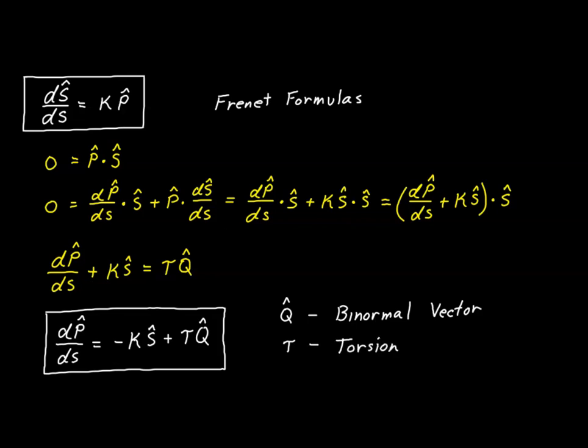Well, let's remember what we said just a minute ago, that this vector right here that's now represented this way is orthogonal to both s hat and p hat. Well, that in turn means that this new unit vector, this binormal vector, is then orthogonal to both p hat and s hat. And of course, p hat and s hat are orthogonal to each other. In other words, what we have now is a set of three unit vectors that are mutually orthogonal.